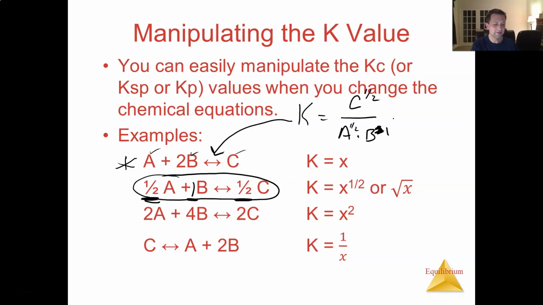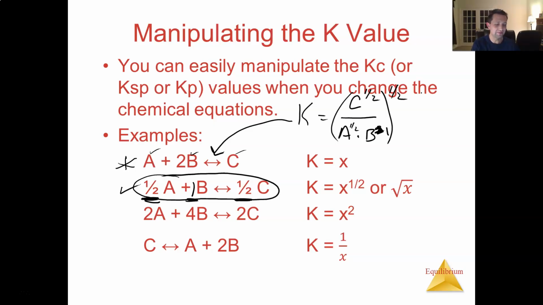What I did was multiply everything by a half in my balanced equation, which really means I raised everything to the half power. What you really did was take your initial K expression and take the whole thing to the 1/2 power. Instead of doing all that work, just recognize that's what you did.